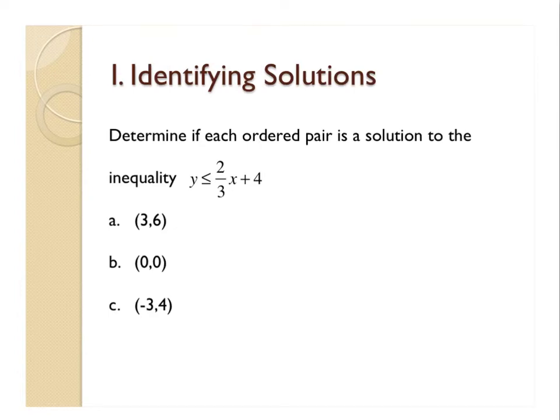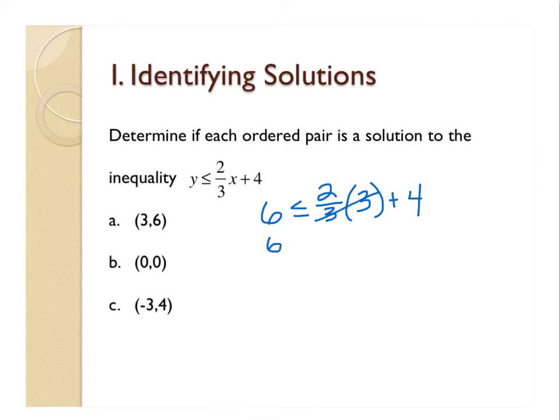Before we do any graphing, let's test out a couple of ordered pairs. Determine if each of these three ordered pairs are solutions of this inequality. We're going to do that by plugging in the numbers. If y is 6, 6 is less than or equal to 2/3 times the x value 3, plus 4.